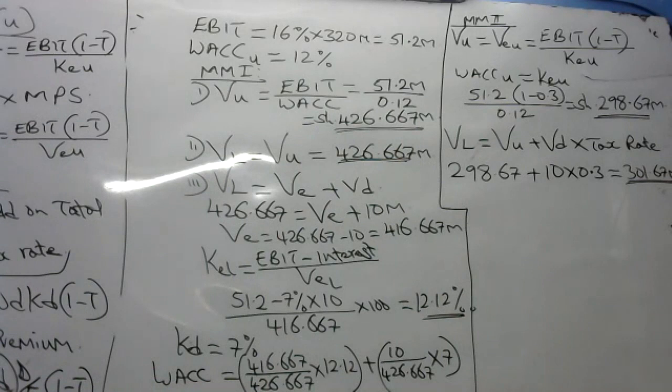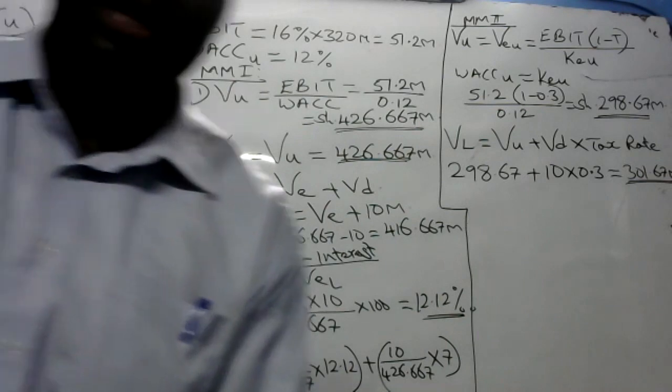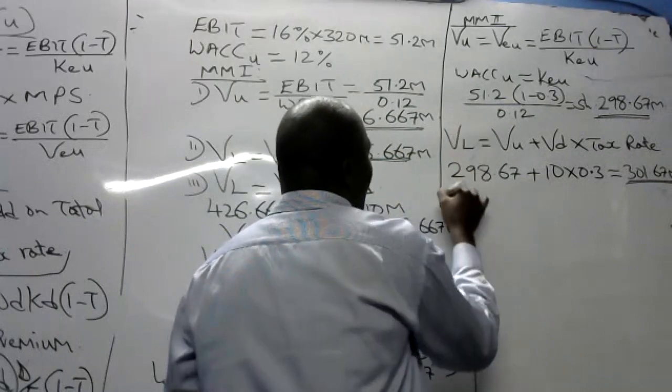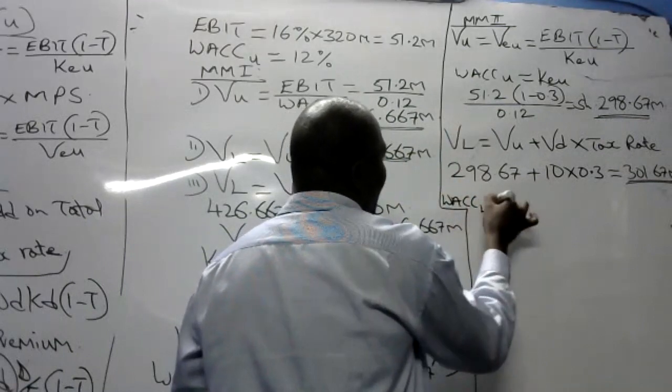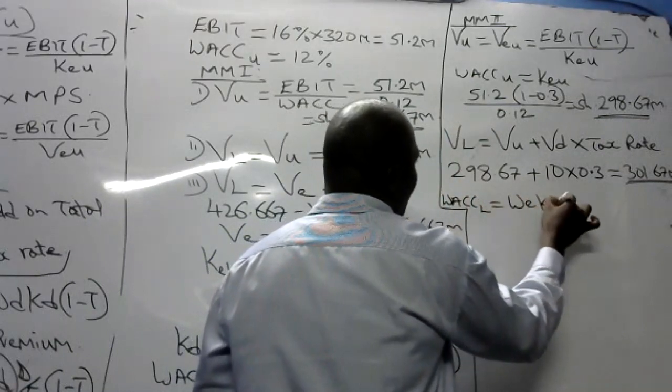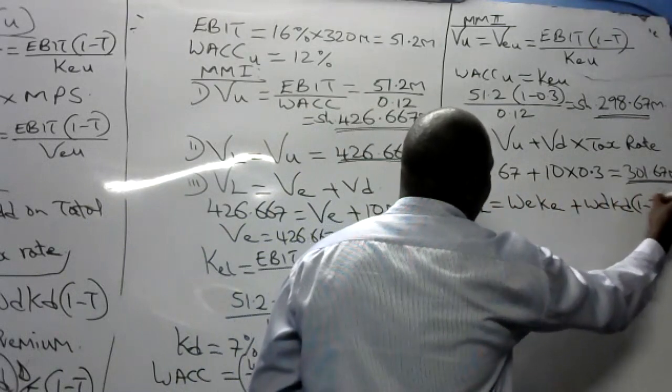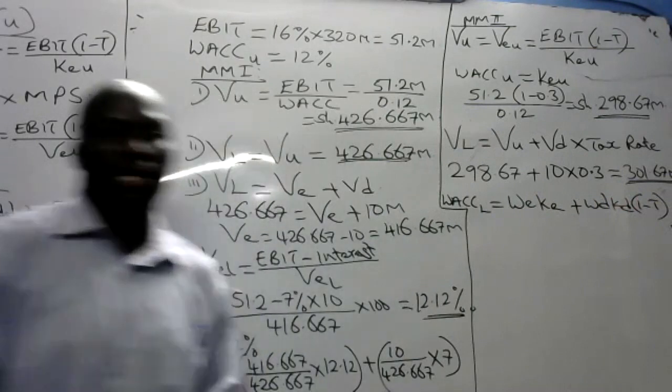Then what do they ask us next? The weighted average cost of capital at 7% debt level of shillings 10 million. So we know that WACC of the levered farm equals what? Weight of equity times cost of equity, plus weight of debt times cost of debt. Debt must be adjusted for tax.